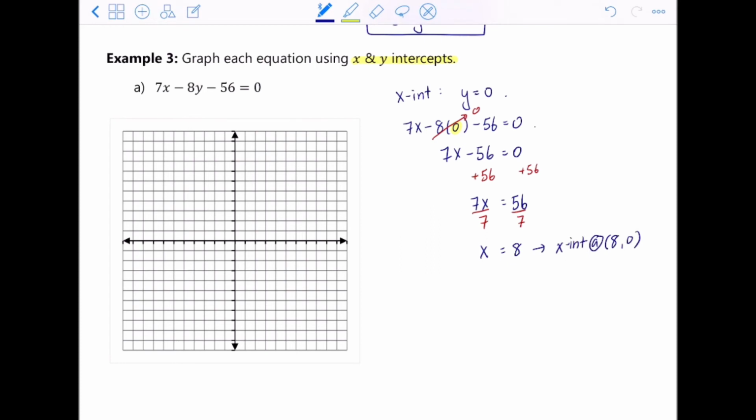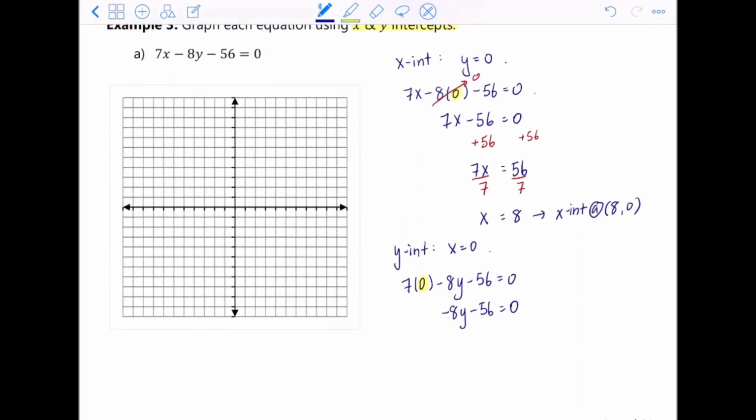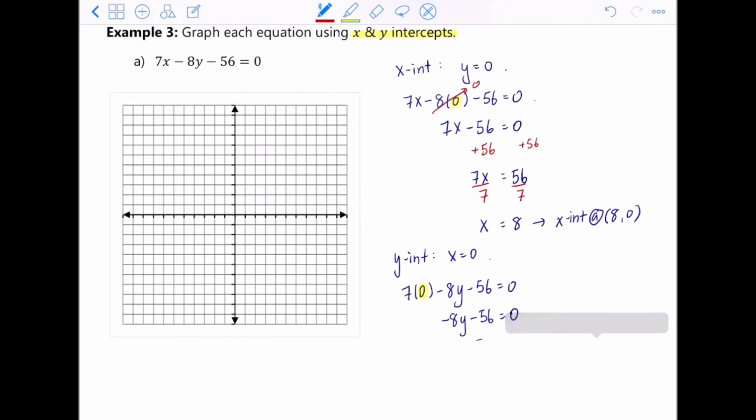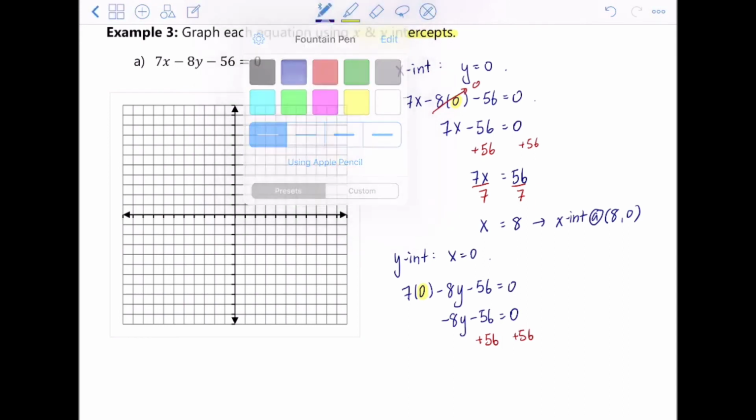Now let's take a look at the y-intercept. The y-intercept happens when x equals 0. So this time we're going to sub in x equal to 0 into the equation we're given. So we have negative 8y minus 56 equals 0. Then we remove the negative 56 by adding 56 to both sides.